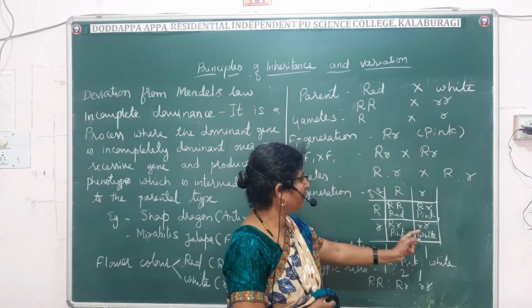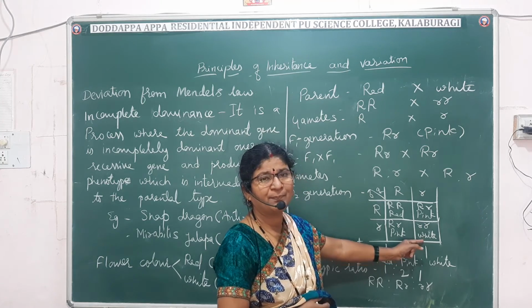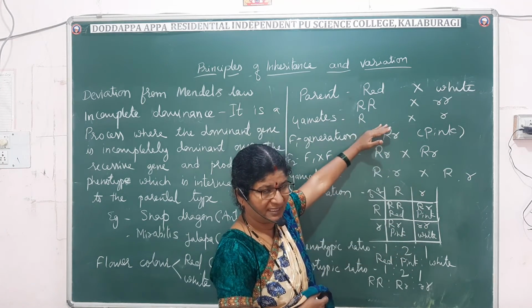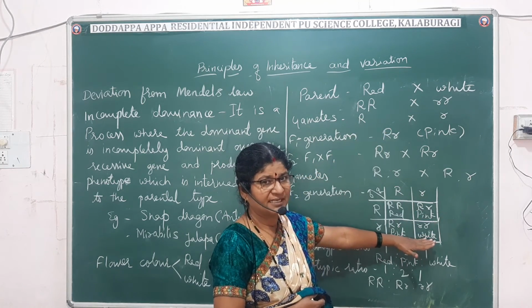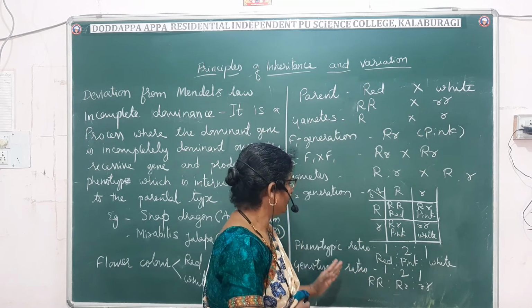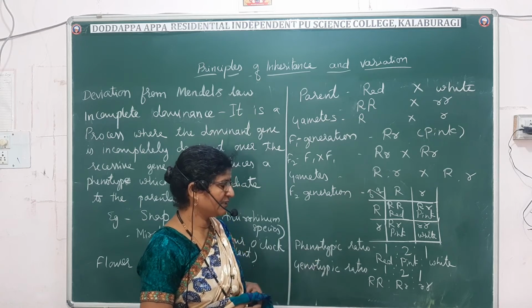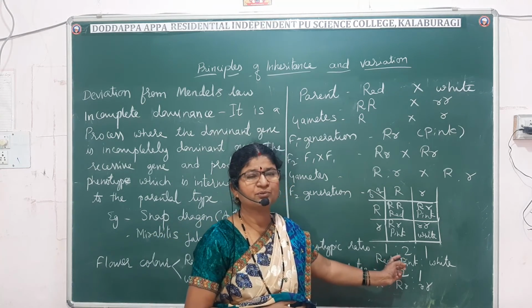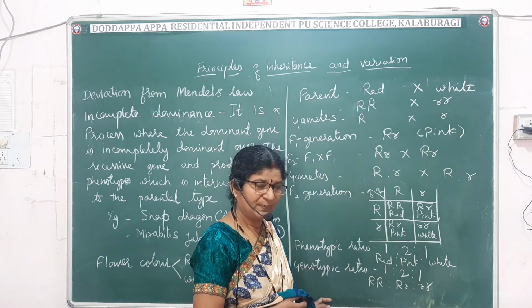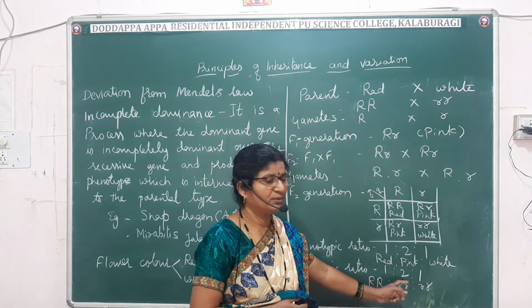So the red and white, which did not appear in the F1 generation, he got in the F2 generation. Here the phenotypic ratio was 1:2:1 and the genotypic ratio was also 1:2:1.